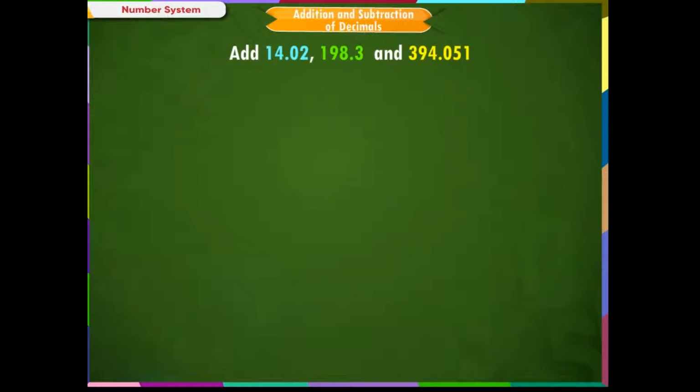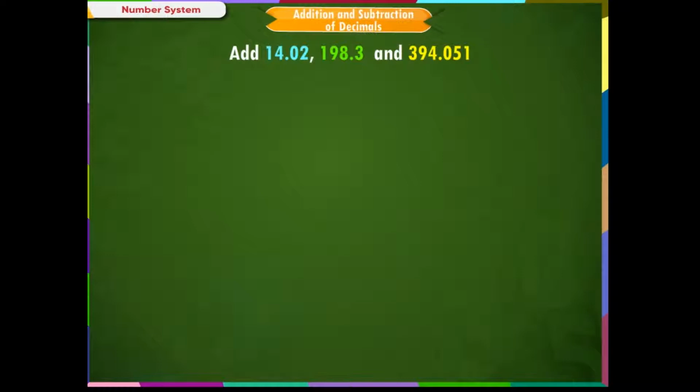Example 2. Add 14.02, 198.3 and 394.051. First, convert all the decimals to be added into like decimals.